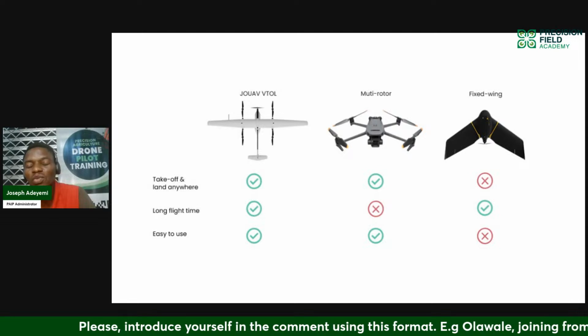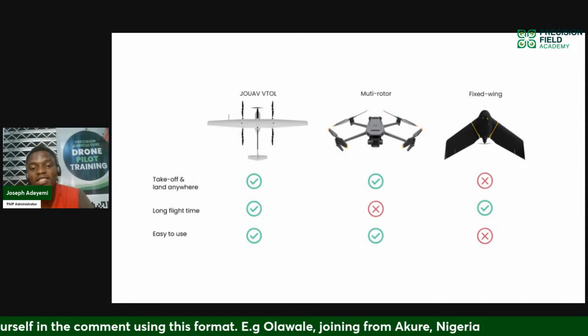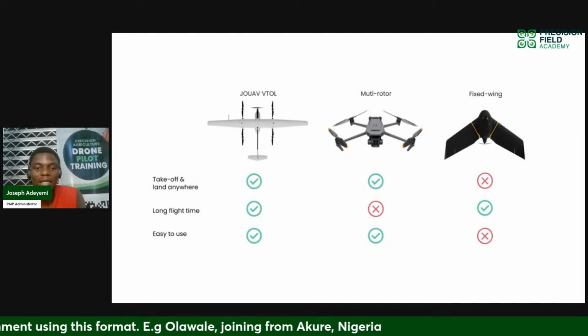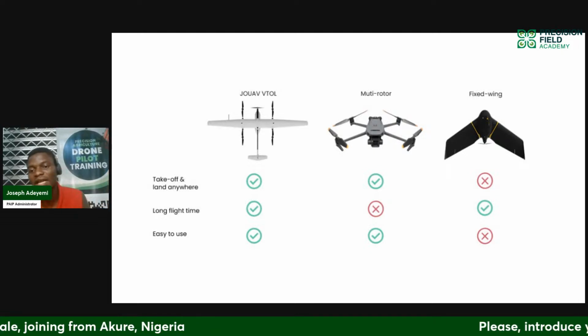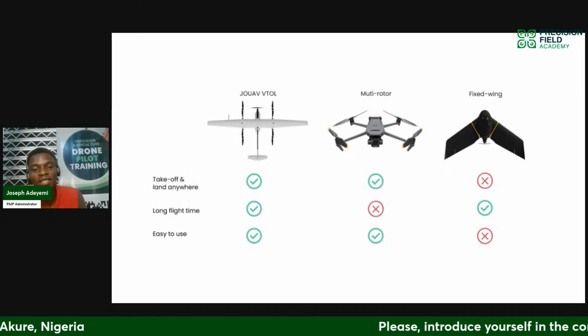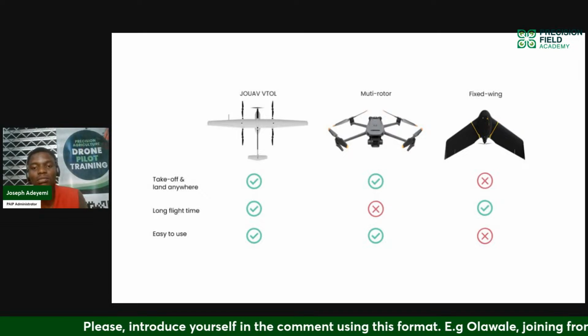The first class we have here is the VTOL, which is vertical takeoff and landing. This combines the capability of both the multi-rotor class and the fixed wing class together. Secondly, we have the multi-rotor.